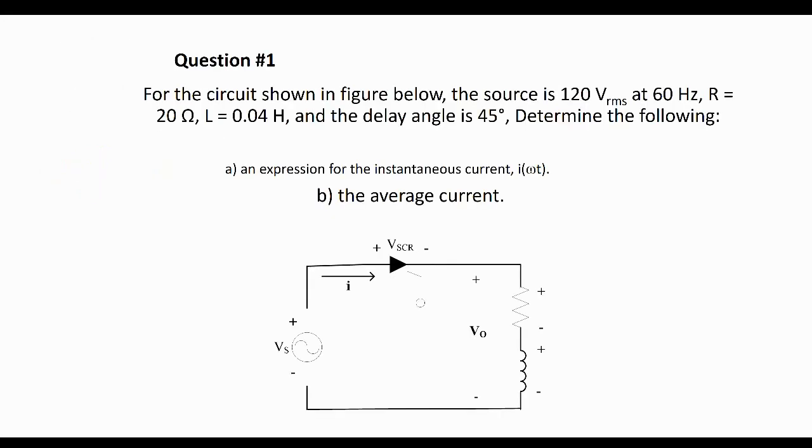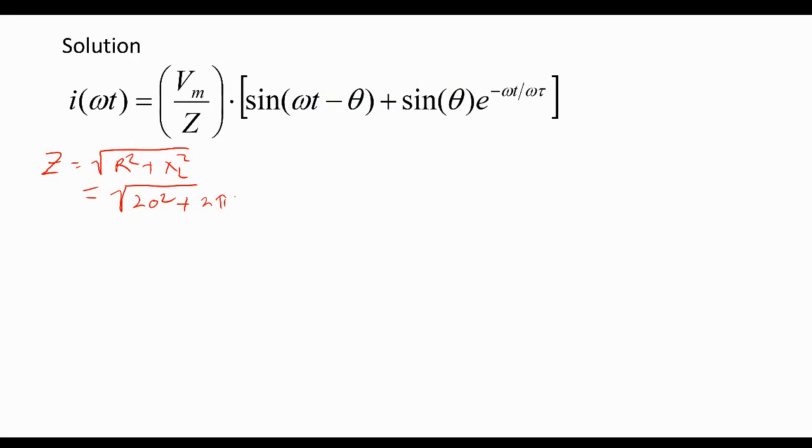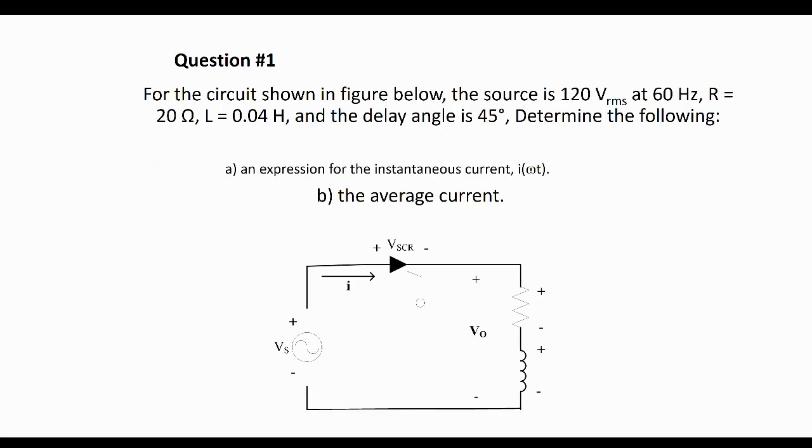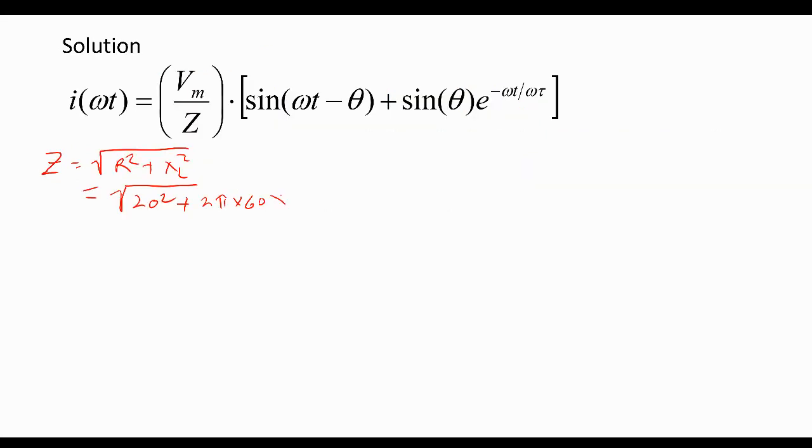The frequency here is 60 hertz, so 2 pi times 60, and the inductance is 0.04 Henry. You can work that out.